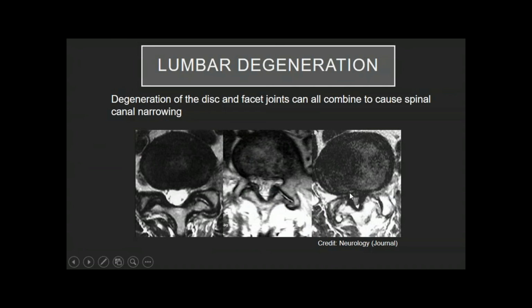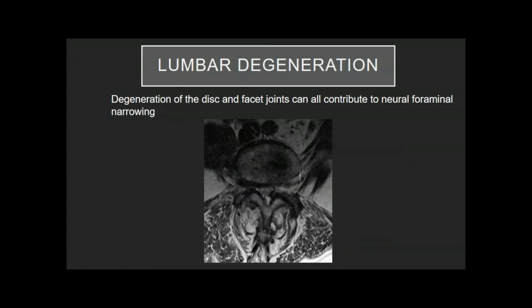Here you can see that there's a disc bulge as well as the ligamentum flavum thickening and overgrown facet, and you've just got this tiny little spinal canal now. So this is the open view, and all of a sudden it's kind of mildly narrowed, and now this is moderate to probably almost severely narrowed, okay? And this is being caused by really everything, the disc and the facets. Okay, so we can't split it up as cleanly as we usually do in the cervical spine.